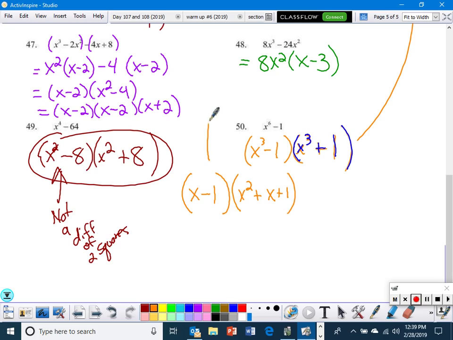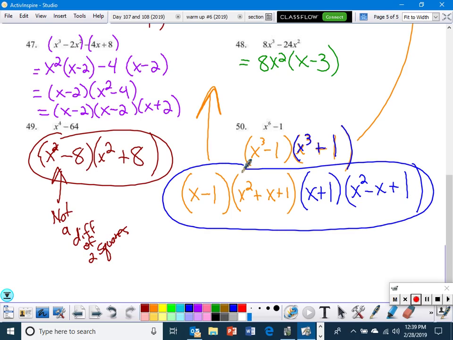Again, I'm following the pattern up above. Look up there for that one. Okay, and then this becomes x plus 1, x squared minus x plus 1. All of that is our answer.